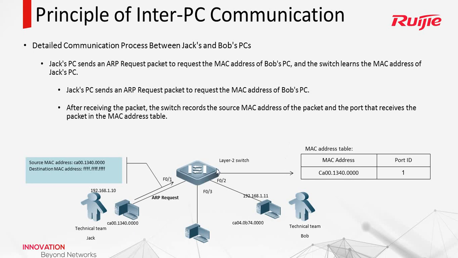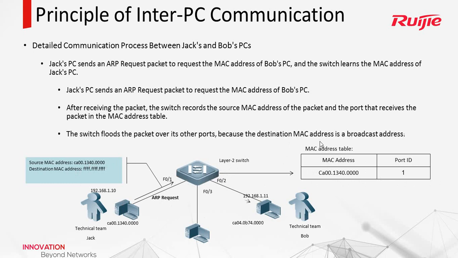When the switch receives it, the switch will record the MAC address with the port number. So there will be a MAC address entry in the MAC address table. Then, because this is a broadcast packet, the switch will flood the packet to all of the other ports.